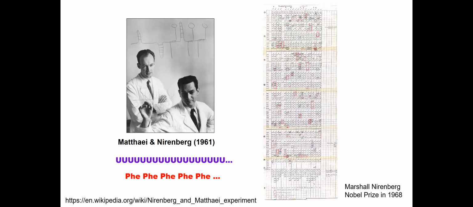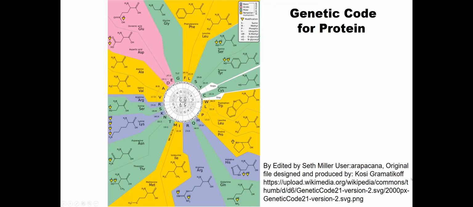Now, using that information to make this coding table, translating the mRNA sequence into amino acids, is very, very important information. Of course, these two people got a Nobel Prize for this work. And this is the coding we now know.